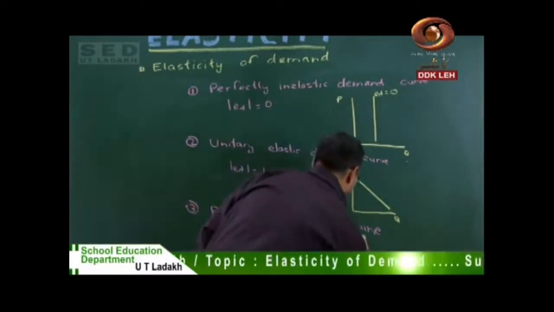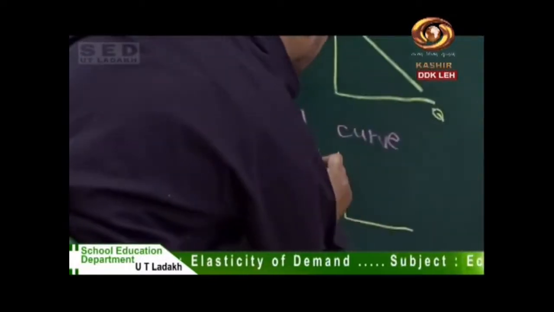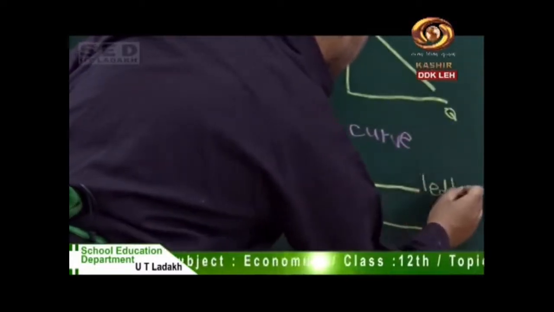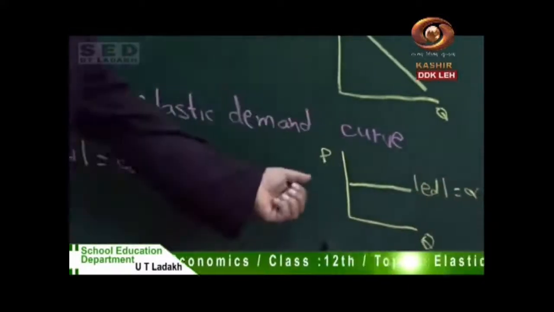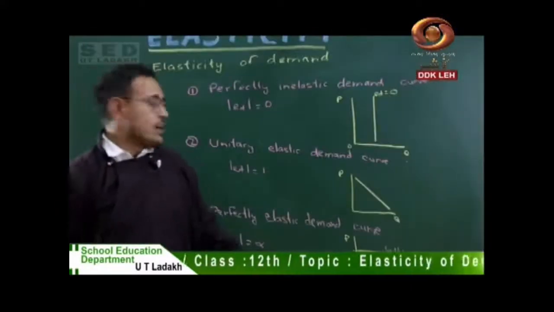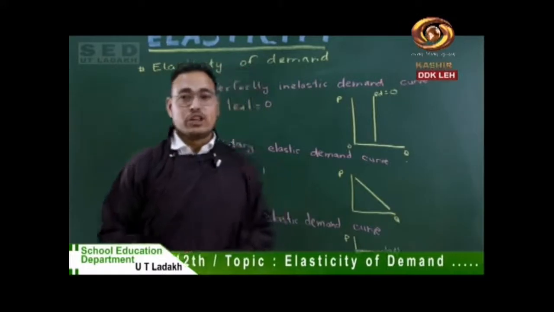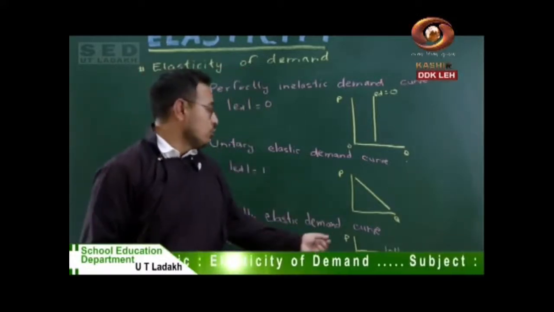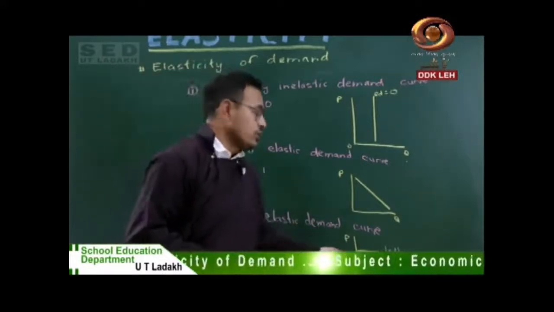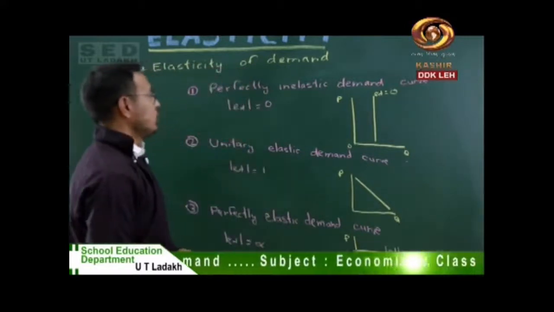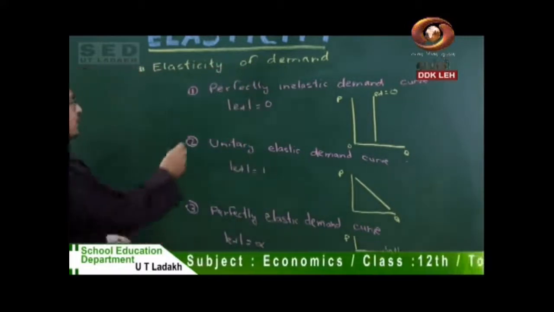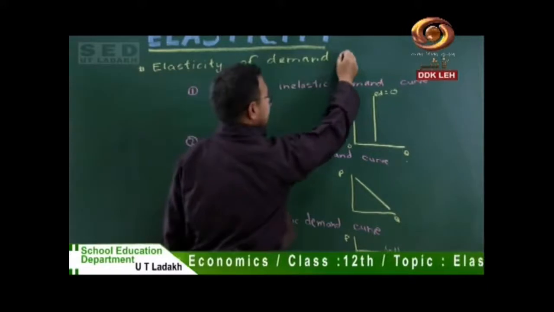Now, graphically, what it means is that if we put P and Q, then your elasticity will be infinite, or that means that there will be an infinite amount of change in your quantity demanded for a very small change in your price.